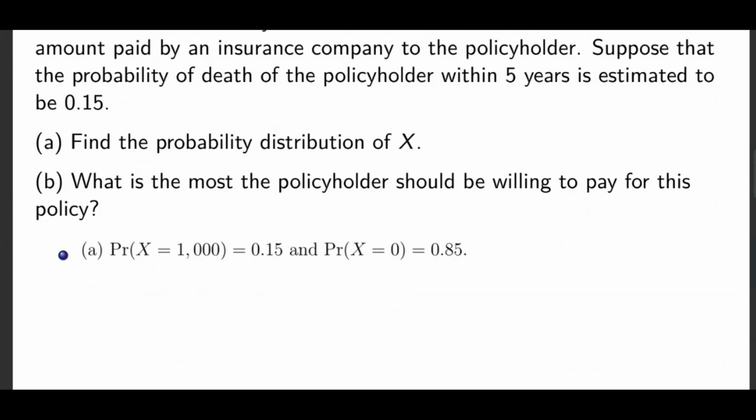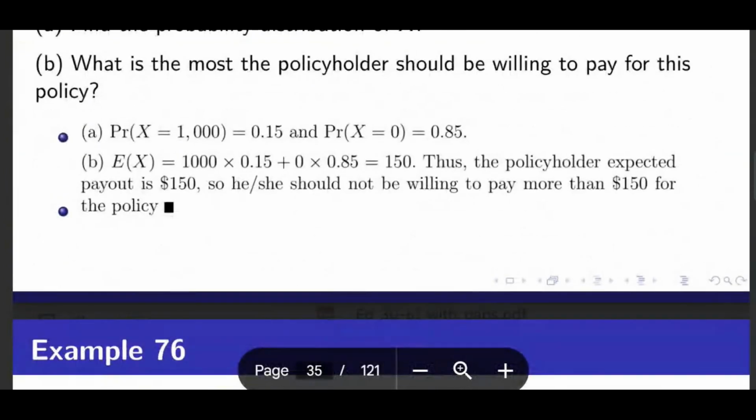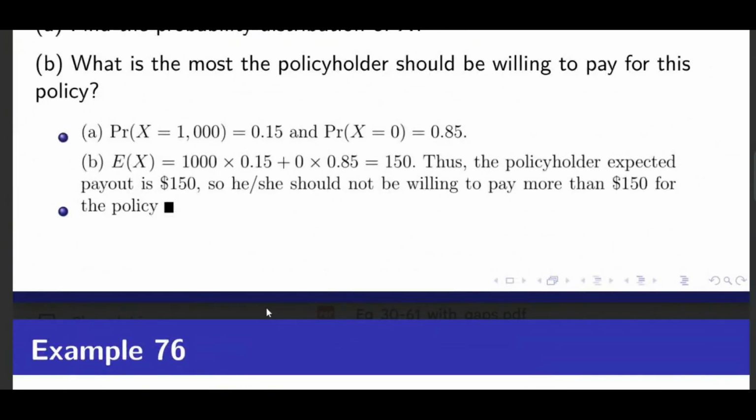And so what is the most the policyholder should be willing to pay for this policy? How would you answer that question? You find the expected value, right? You should be only willing to pay no more than $150 logically, if you're going with expected values to guide your choice.